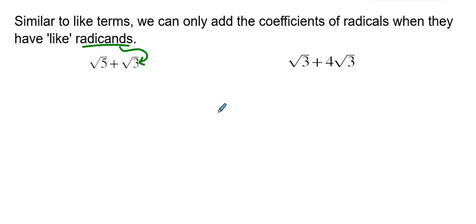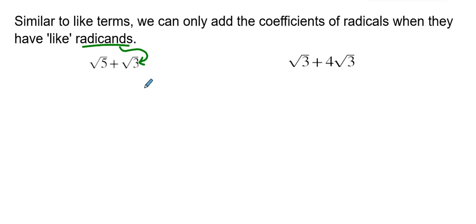If you haven't watched my video about radicals and simplifying radicals, you should go check that out and come back here when you're done. Because these do not have like radicals, and as it turns out, there's nothing I can do to simplify these. I cannot add these. This would be just like having an x and a y, or an x squared and an x.